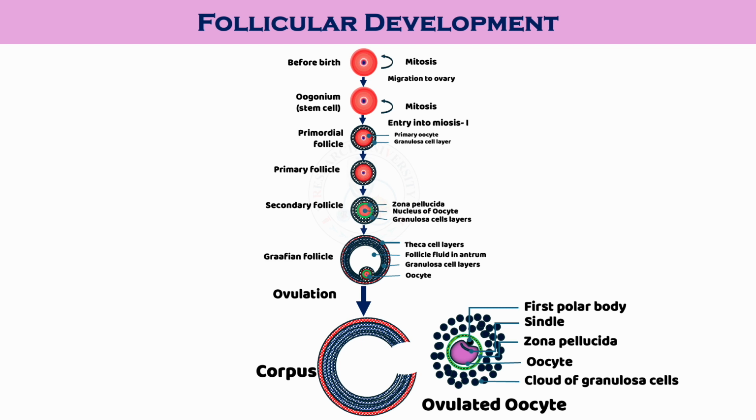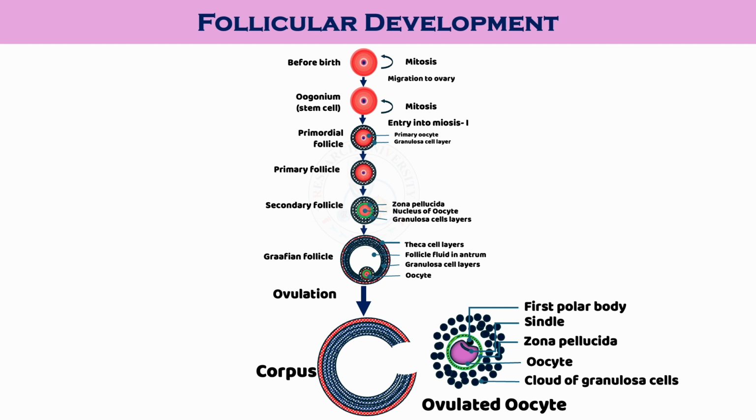Upon ovulation, the mature oocyte is released from the Graafian follicle into the fallopian tube. This event marks a crucial stage in the reproductive process, as the ovulated oocyte becomes available for fertilization by the sperm. Traveling through the fallopian tube, the oocyte embarks on the journey towards the uterus, where it possibly waits to encounter the sperm for fertilization.